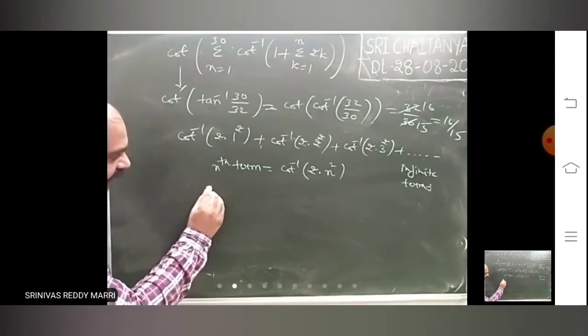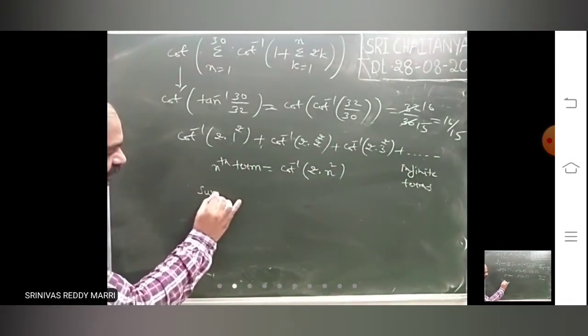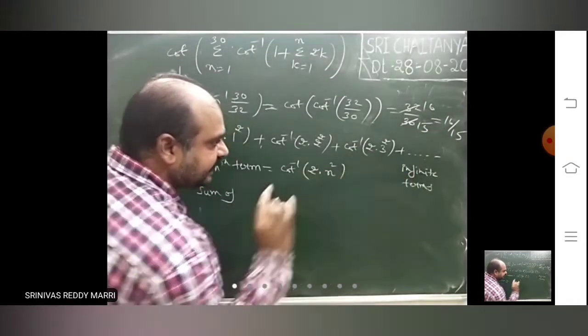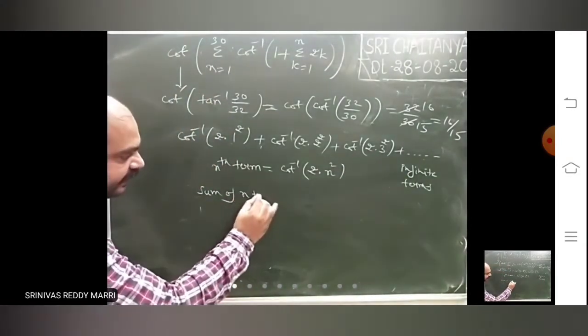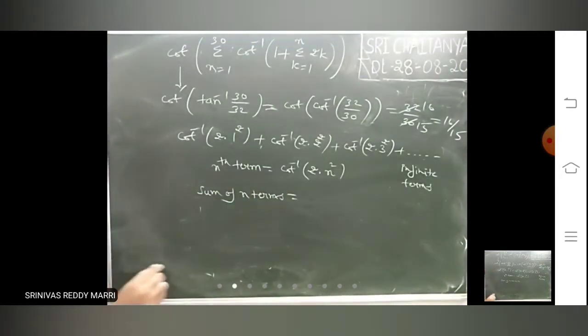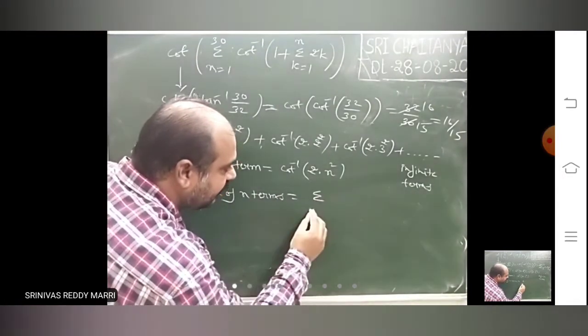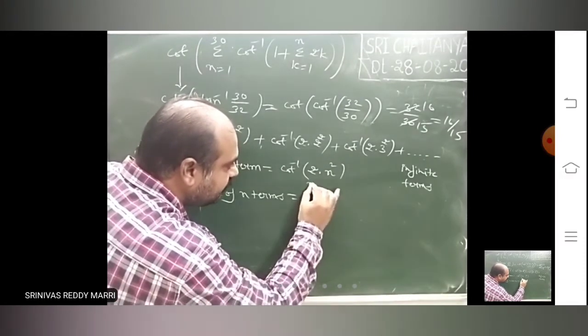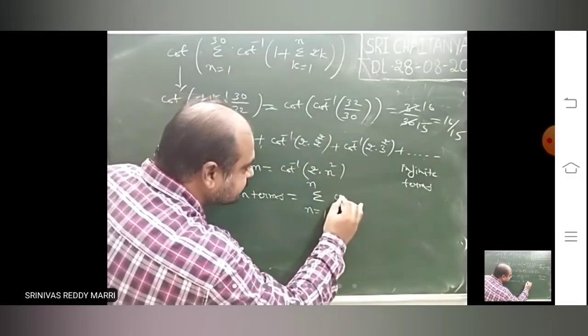I will calculate for sum of n terms first. Infinite means first calculate sum of n terms and then substitute n equal to infinity. What is this one? Sigma n equal to 1 to n. Nth term is this.